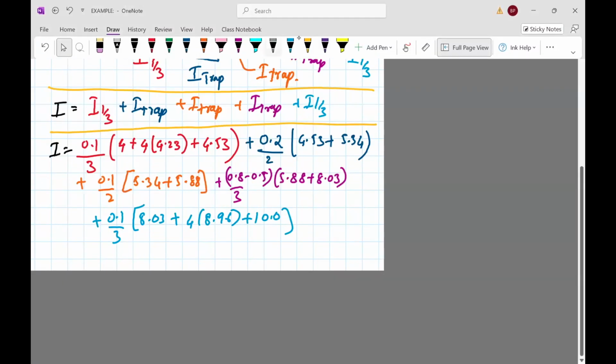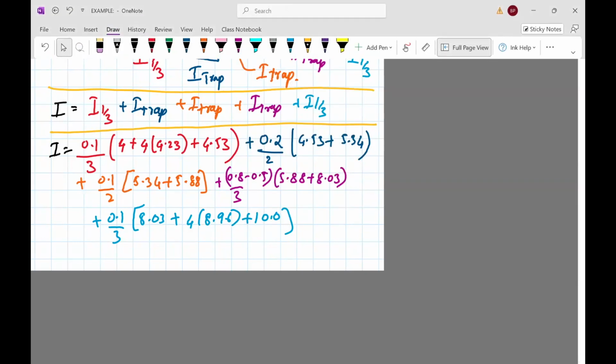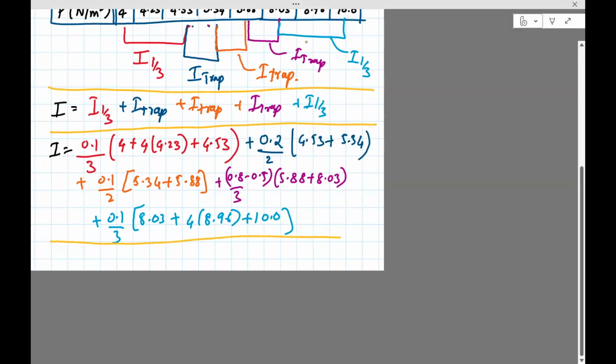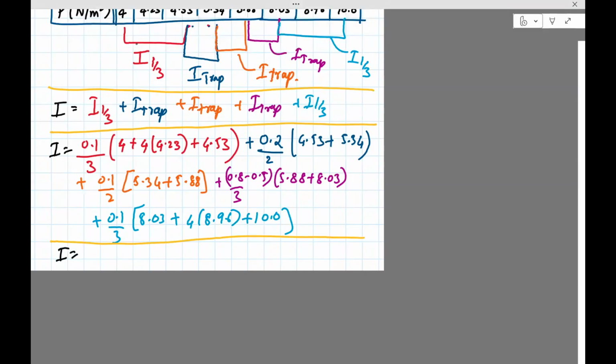Okay, so the final answer, which is basically taking all this and summing it up, I comes out to be 3.1393. That's the final answer.